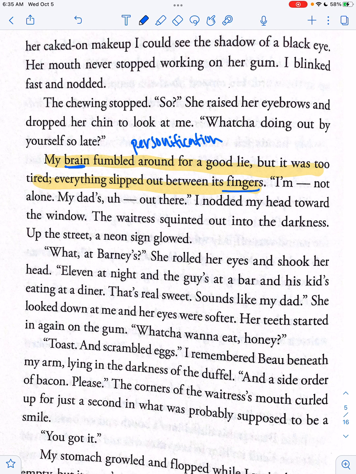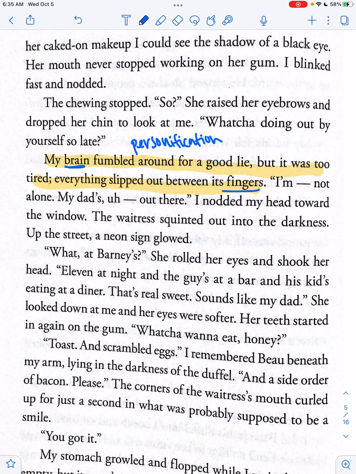"I'm not alone. My dad's out there." I nodded my head toward the window. The waitress squinted out into the darkness. Up the street, a neon sign glowed. "What, at Barney's?" She rolled her eyes and shook her head. "11 at night and the guy's at a bar and his kids eating at a diner. That's real sweet. Sounds like my dad." She looked down at me and her eyes were softer.